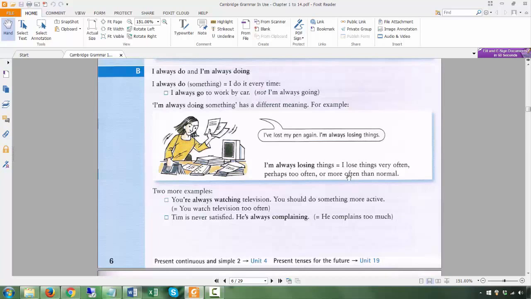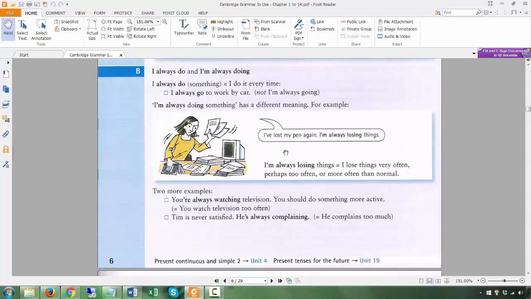It's kind of a negative thing. For example, if you want to wake up at 7 o'clock, but you always wake up at 8 o'clock, and you are very frustrated: "I'm always waking up at 8 o'clock. I don't understand why I'm always waking up at 8 o'clock." So it is a sense of frustration, a more negative kind of meaning.